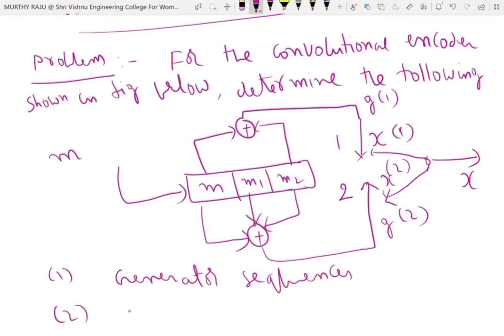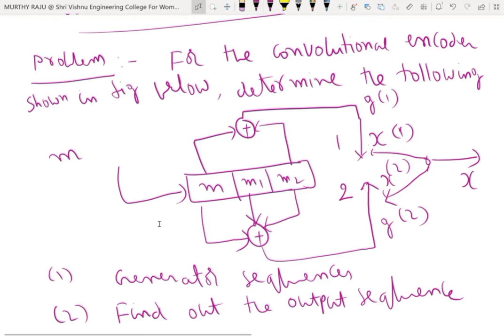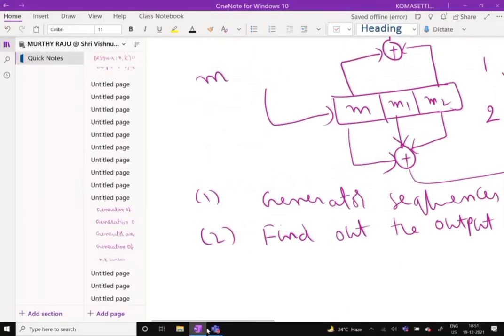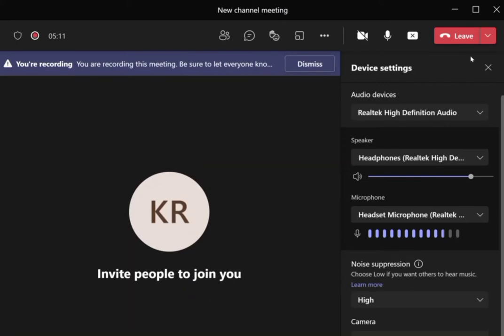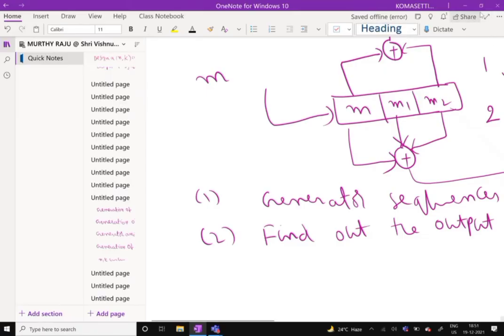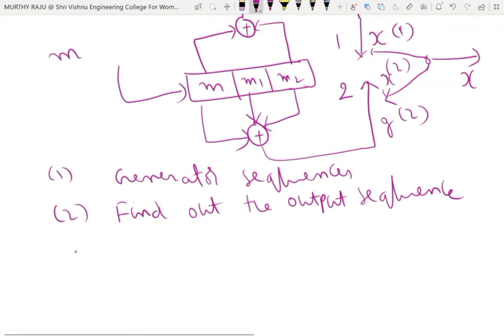Second one, find out the output sequence for the message sequence.